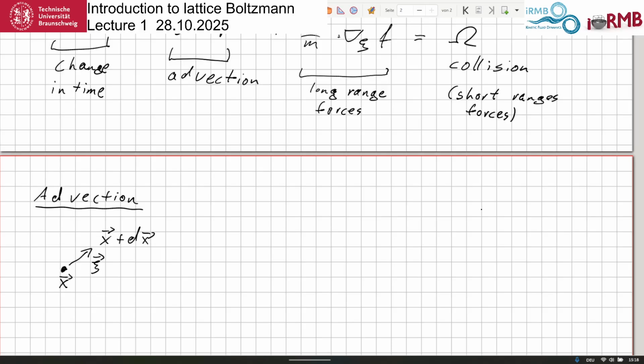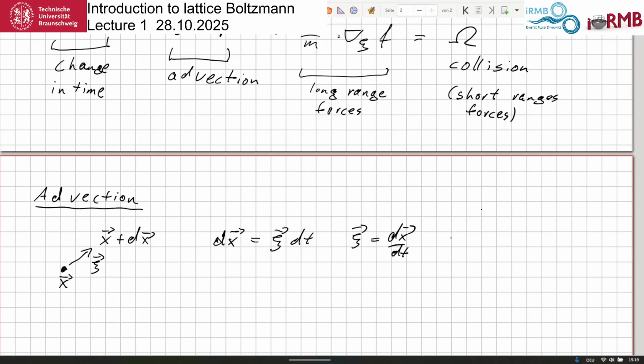Assuming there are no other forces, just this movement, because it's infinitesimally short, even if there are forces, they don't have time to act. So we have dx is xi, the velocity, times dt, or xi is dx by dt, which is the definition of a velocity.